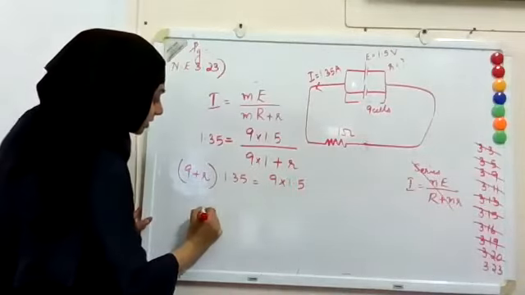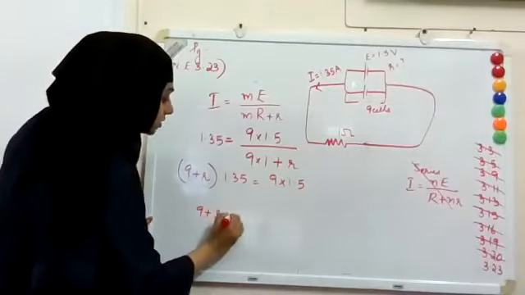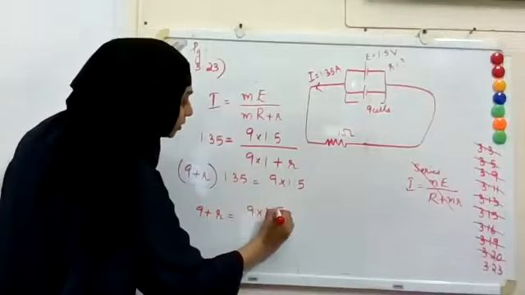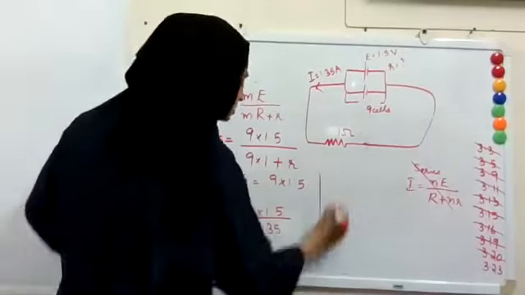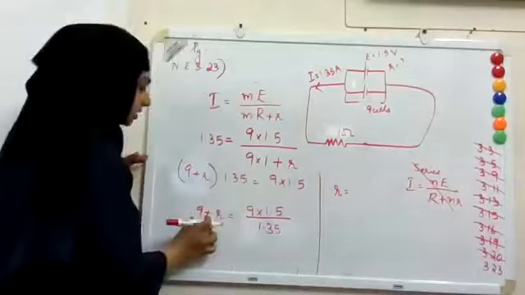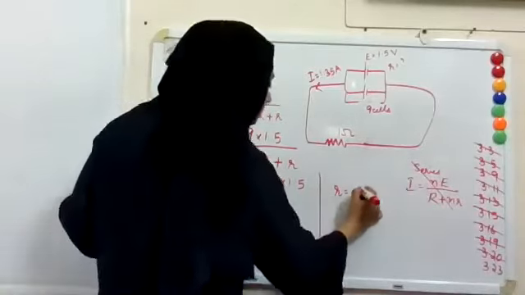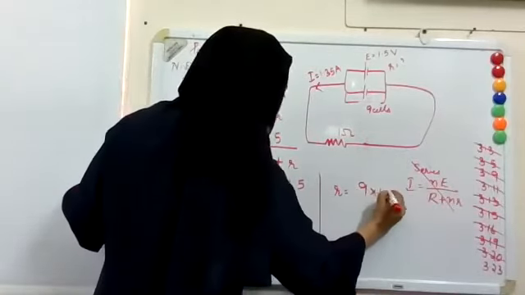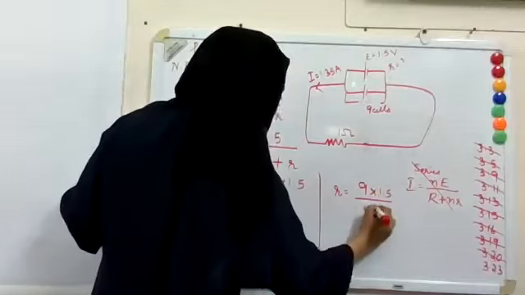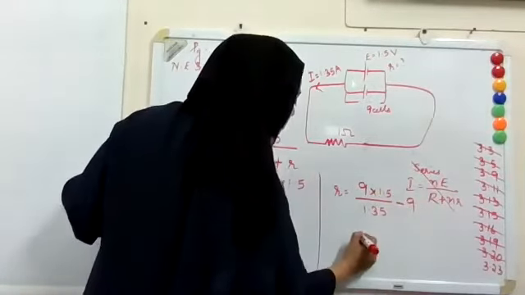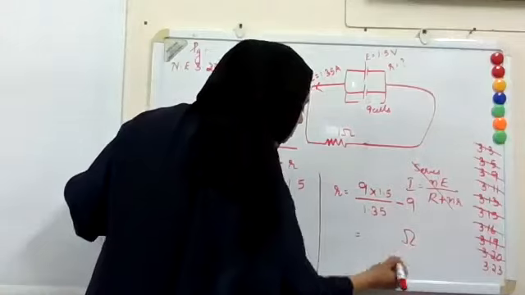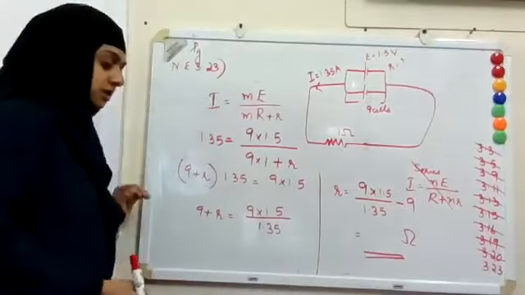Or 9 plus small r is equal to 9 into 1.5 divided by 1.35. Or small r is equal to, taking 9 to the other side, it becomes minus: 9 into 1.5 divided by 1.35 minus 9. You can do this using your calculator and you will get the internal resistance.